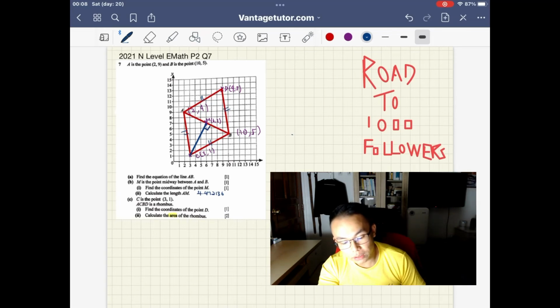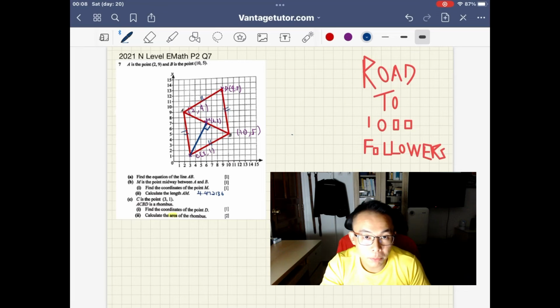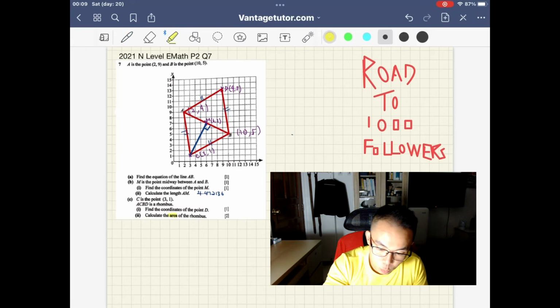Can you see that this rhombus is actually formed by 4 right angle triangles? Because of that, I just need to find the area of one right angle triangle, and then I multiply by 4. Then I'll get the entire area.